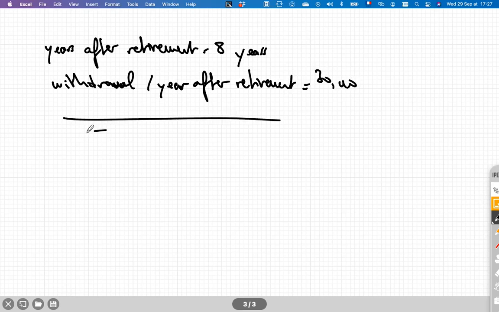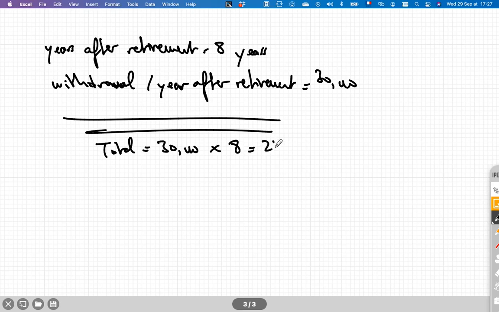So the total is simply equal to $30,000 times 8, $240,000. So these are the total of his needs once he retires, right?